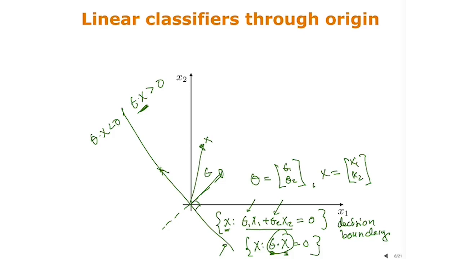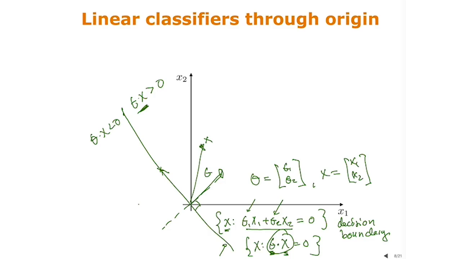And it's negative for any point here. All right, so now we have a parametric way of writing the decision boundaries, and we know which side is a positive one and which side is a negative one.